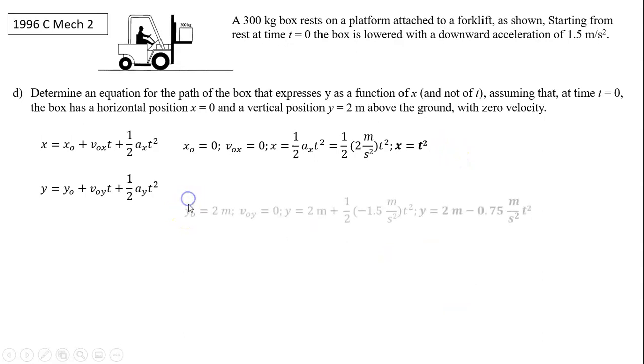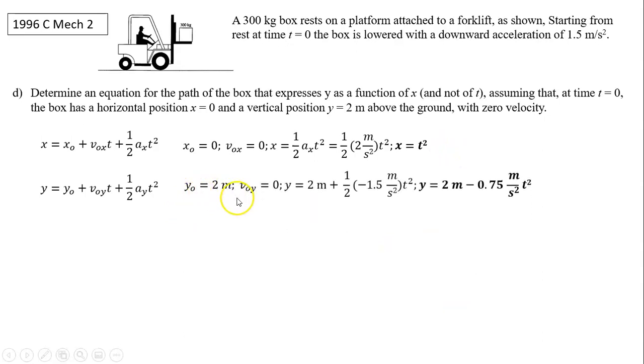In the y direction, we know y naught equals 2 meters because that's what it tells us. We know initial velocity is 0, so from this equation, we can derive y equals 2 meters plus 1/2 times negative 1.5 meters per second squared, negative because acceleration is downward.